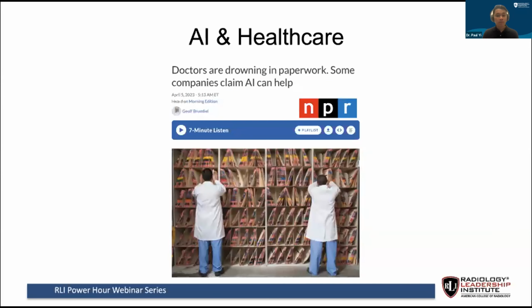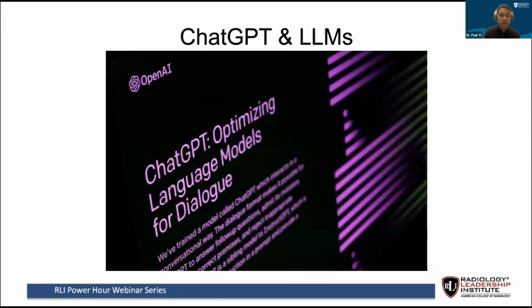So starting out, everyone on this call and in this presentation knows that AI is taking healthcare by storm, whether it's in radiology or doing things like automating paperwork in the EHR. And any AI talk would not be complete if we didn't talk about ChatGPT and LLMs, which have really taken the entire world by storm in the past several months. But despite all of the excitement and all the optimism around AI, we've seen that there are ethical problems that can abound in AI.